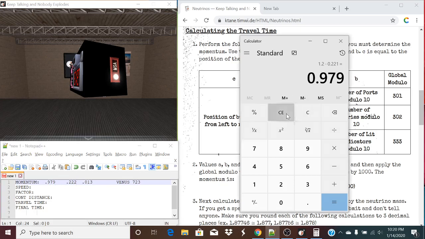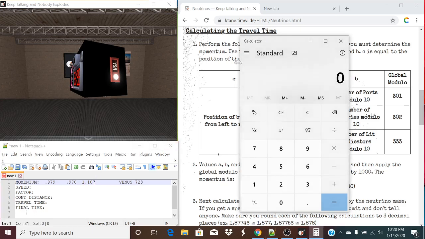We can essentially just subtract one more, 1.2 minus 0.222. In this case it is a 0.978. And finally, 1.2 minus 0.013 is going to be a 1.187.